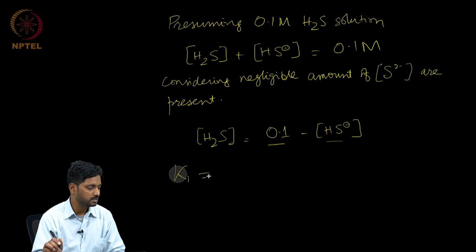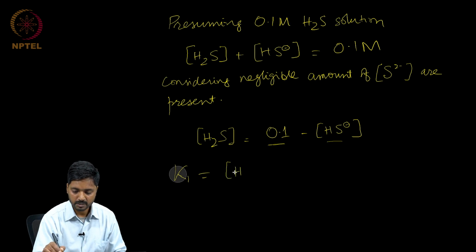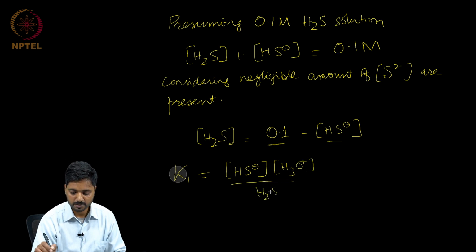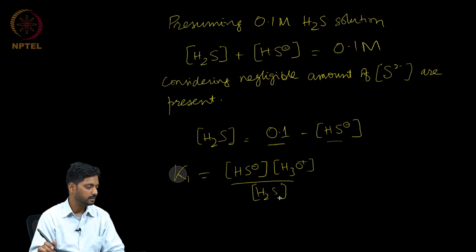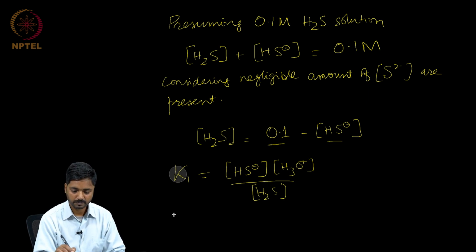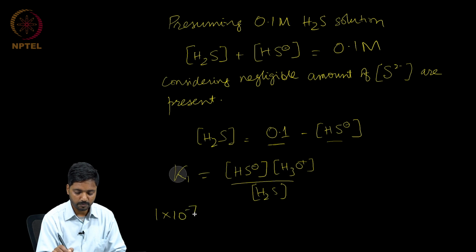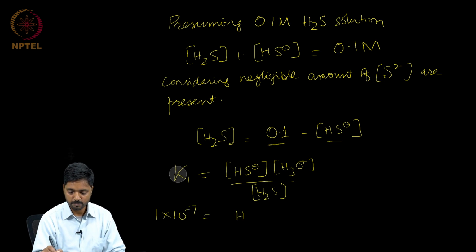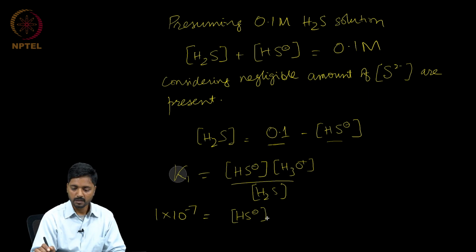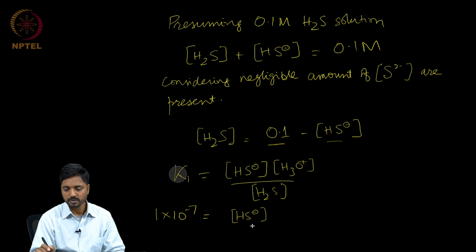what we observe is K1 is equal to HS minus times H3O plus divided by H2S, and this solves to, the K1 value being known, the HS minus concentration needs to be calculated, and we will also presume that the equilibrium is the only source for the H3O plus ions.